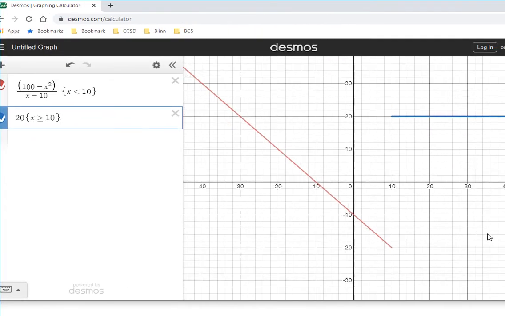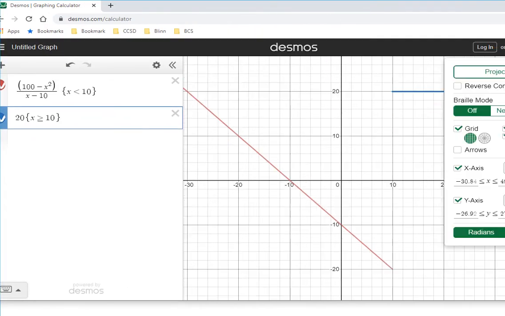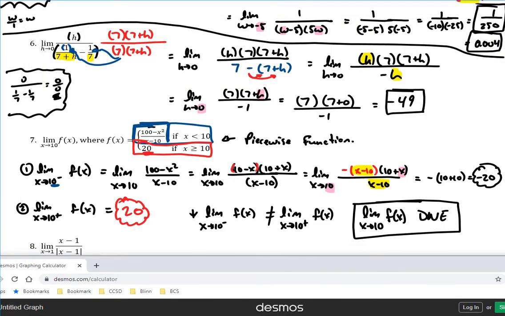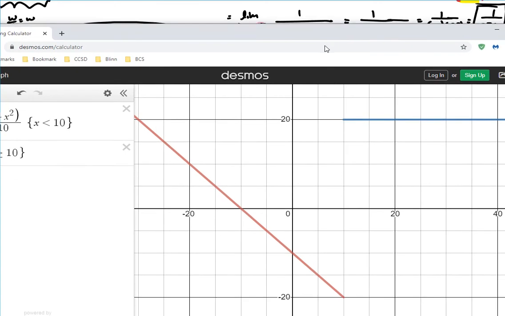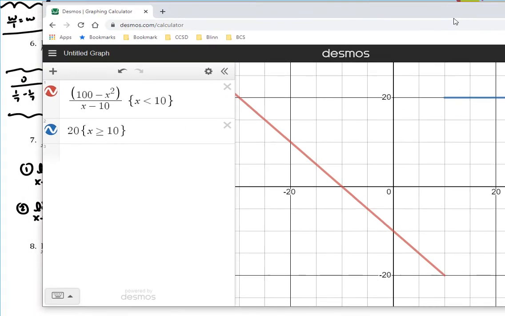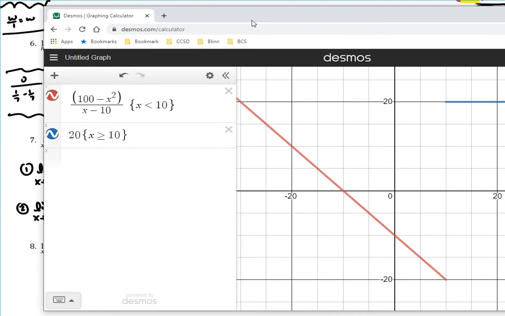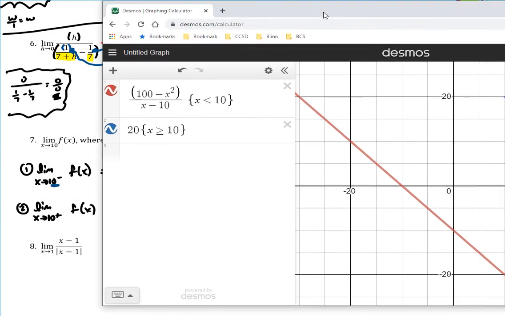Okay, and we can see now we can treat it like one of our graph problems from before, where we can see, oh, from the left it's going to negative 20, from the right it's going to positive 20. Since they're not going to the same thing, that means our limit does not exist. Okay, so again, the graphing calculator is very powerful as long as we understand it. So this is how we deal with piecewise functions. We just do them in separate lines with braces for their x interval.